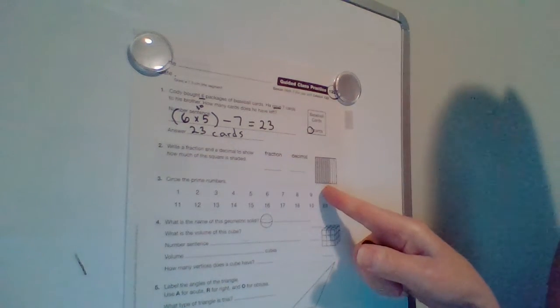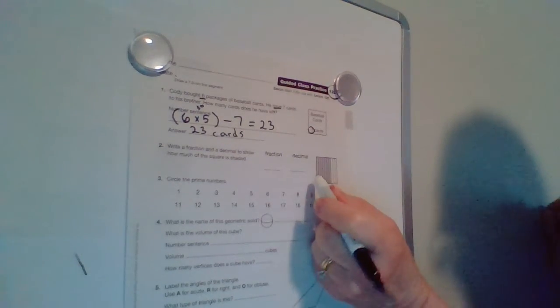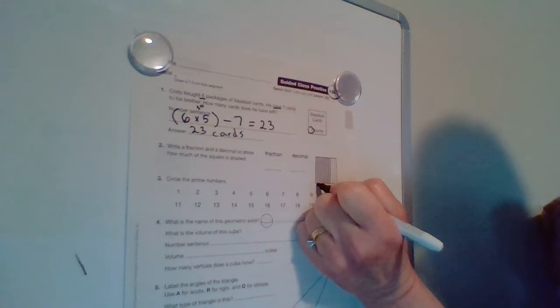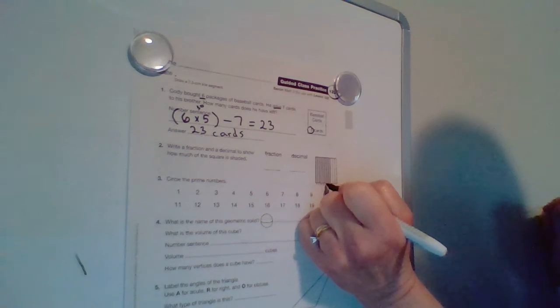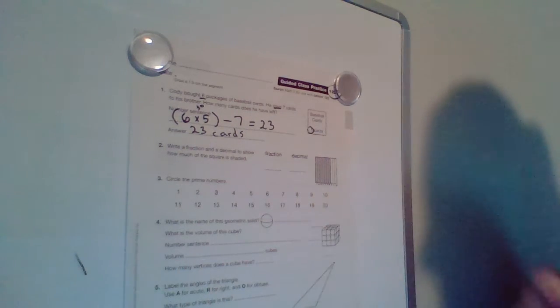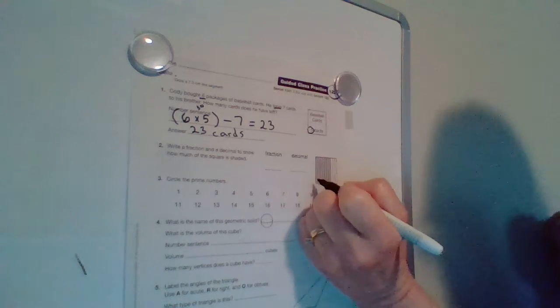So this says to write a fraction and a decimal to show how much of the square is shaded. All right, so if we look at this square, let's first of all find out how many parts you have there. So there's 1, 2, 3, 4, 5, 6, 7, 8, 9, 10. All right, so we know there's 10 equal parts. Well, it says how many parts are shaded.